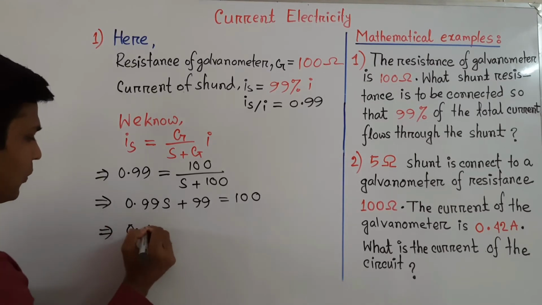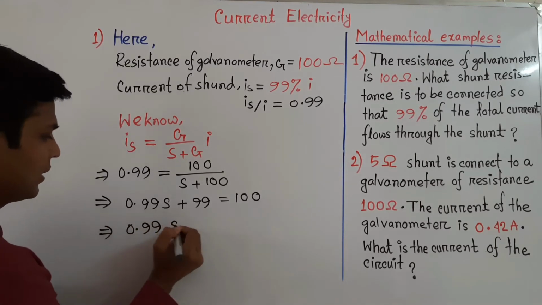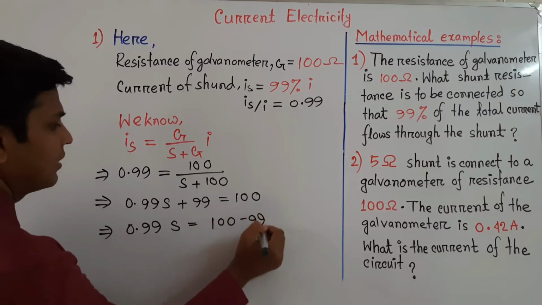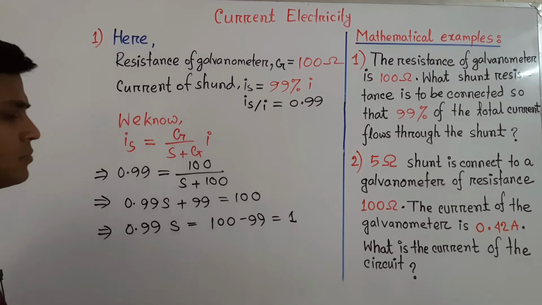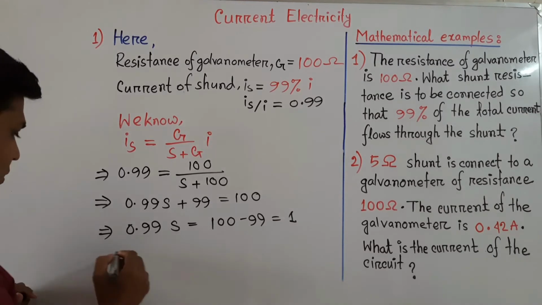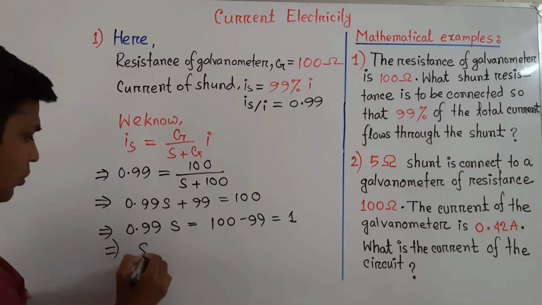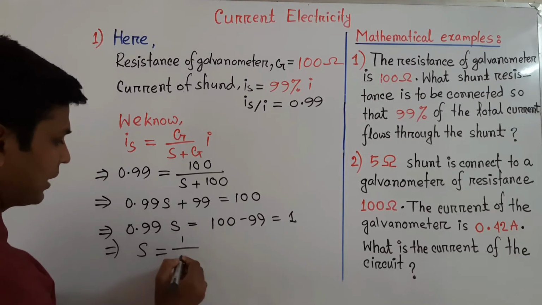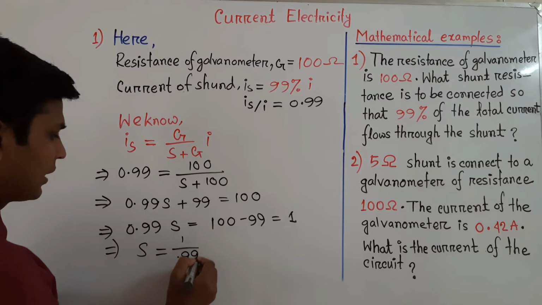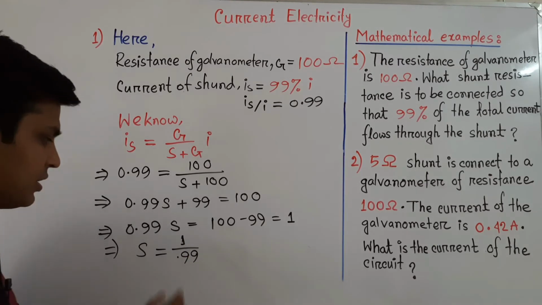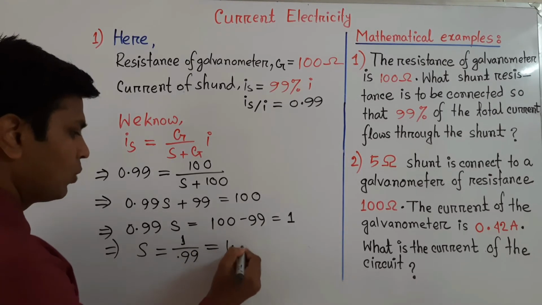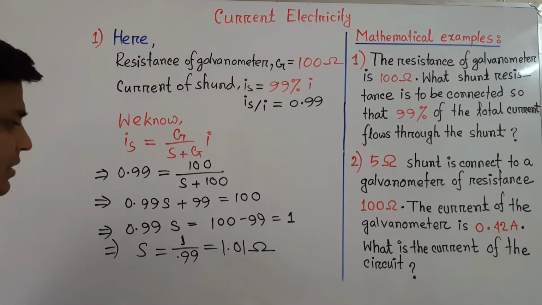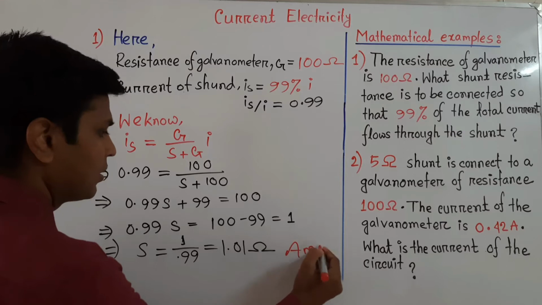So we can write 0.99 S equals 100 minus 99, that means 1. Now we can write S equals 1 divided by 0.99, and after calculating this expression, its answer will be 1.01 ohm. So this is the answer of question number 1.